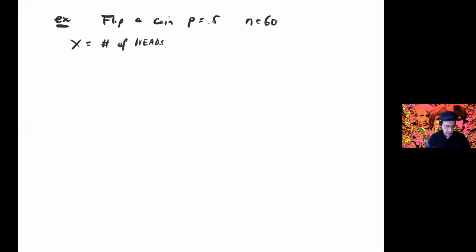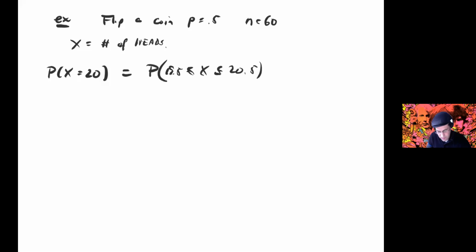Okay, so I want to approximate the probability that X equals 20. Since X takes only integer values, and I'll explain in a moment why I'm doing this, we can say this is exactly the same thing as X being between 19.5 and 20.5, since X only takes integer values.